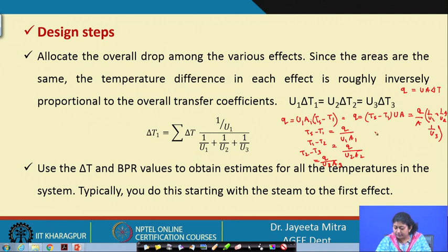So, that means Q is equal to overall delta T times U A. We add all of them and then we get this. Here we can take Q by A to this side because the area is the same.